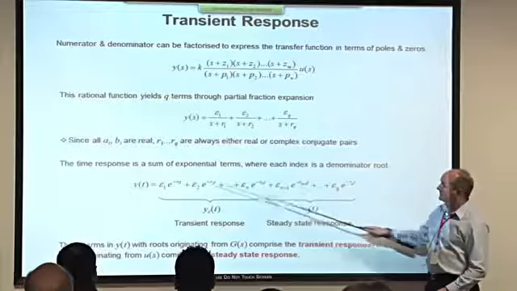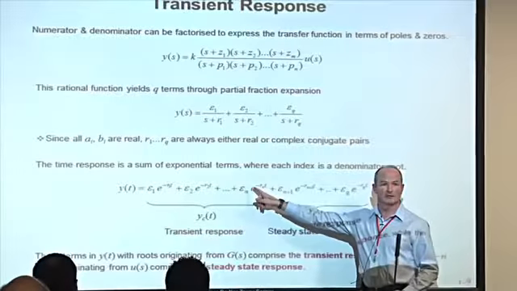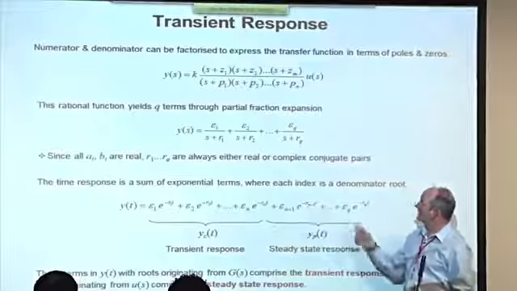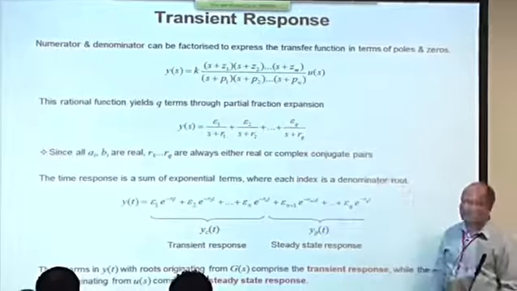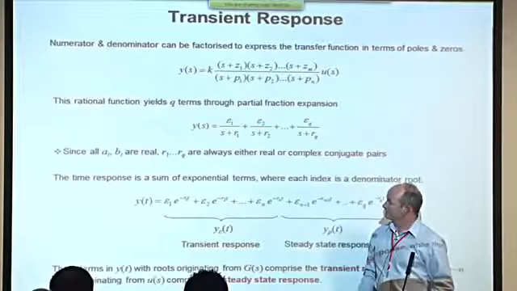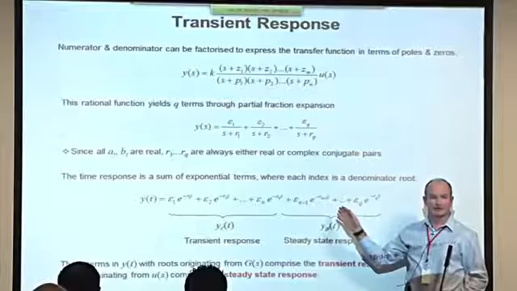So the first n terms here have exponents which are exactly the poles of the transfer function. The remaining q minus n have roots depending on U(s), but the first n depend on the transfer function. And the response is separated accordingly.